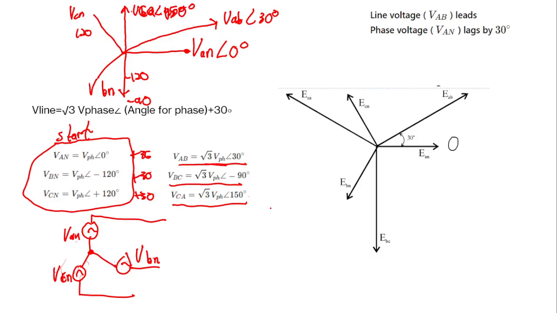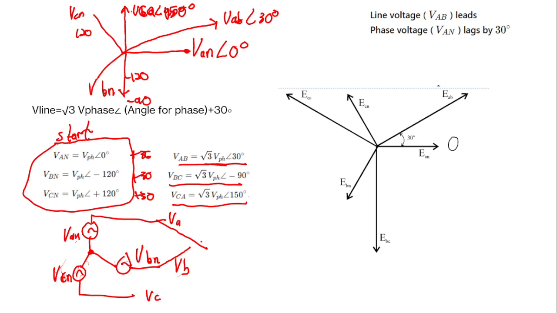Remember, in a star configuration, if this is VA here, VB here, and VC here, and I was to take a multimeter, which is impractical, just for explanation purposes, and measure this voltage here and this voltage here, wouldn't I be measuring between the lines? So that would be a line voltage, also.